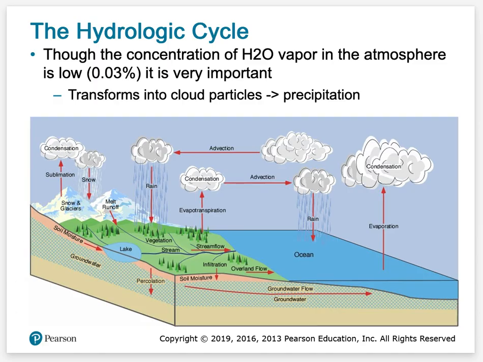And also we see another important term called infiltration, which is a portion of the water that falls on land and soaks into the ground to become groundwater. The remainder, which flows along its surface, is called runoff or overland flow.